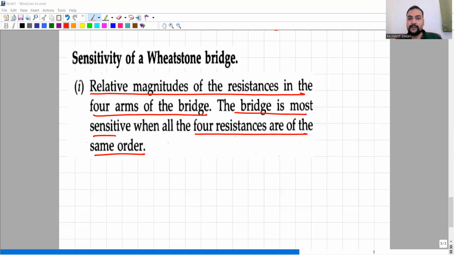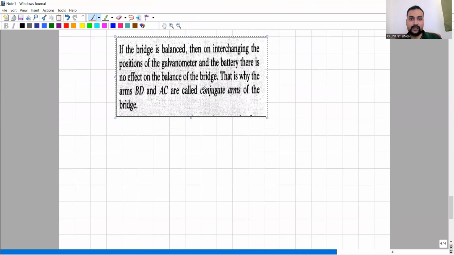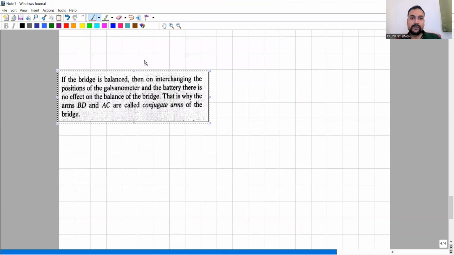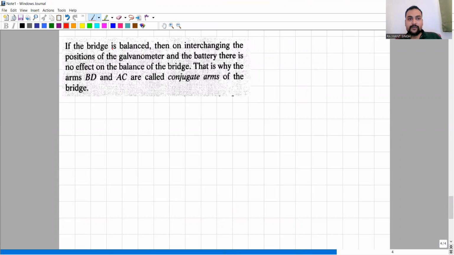Now again, in the balanced Wheatstone condition, this is also an important property of the Wheatstone bridge, and you will find such questions in your JEE Mains paper or JEE Mains type questions. If the bridge is balanced, then on interchanging the position of galvanometer, that is the ammeter in our case, and the battery, there is no effect on the balance of the bridge. What does it mean?